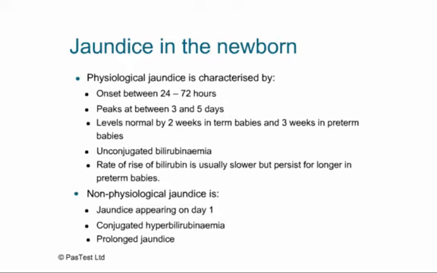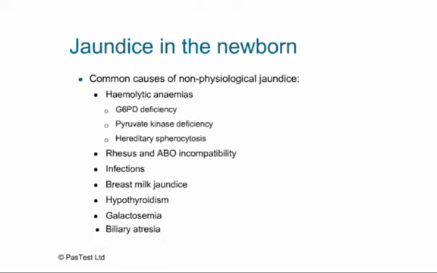The most common causes of non-physiological jaundice include hemolytic anemias like glucose 6-phosphate dehydrogenase deficiency, pyruvate kinase deficiency, and hereditary spherocytosis, Rhesus and ABO incompatibility, infections, breast milk jaundice, hypothyroidism, galactosemia, and biliary atresia.